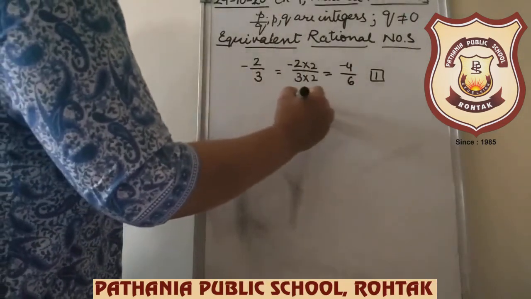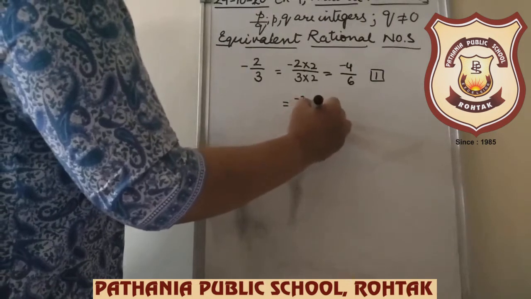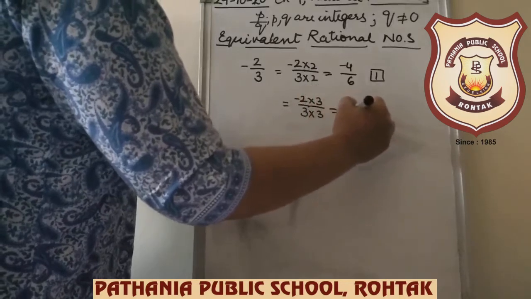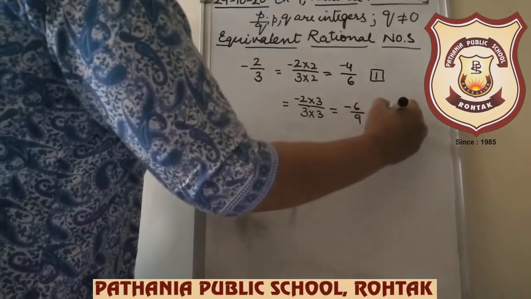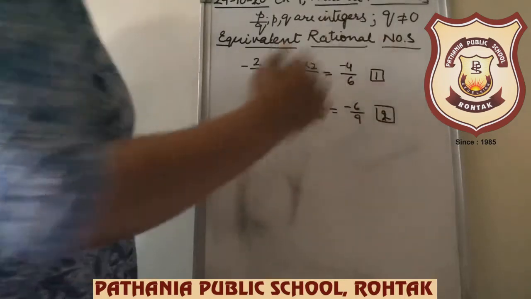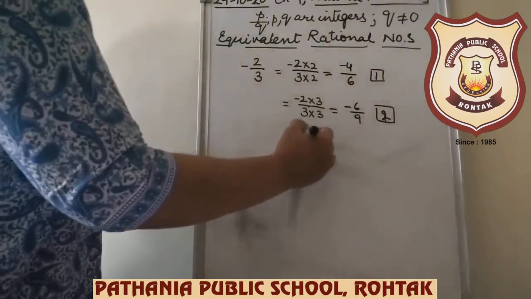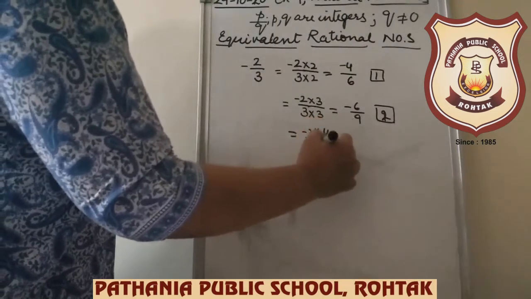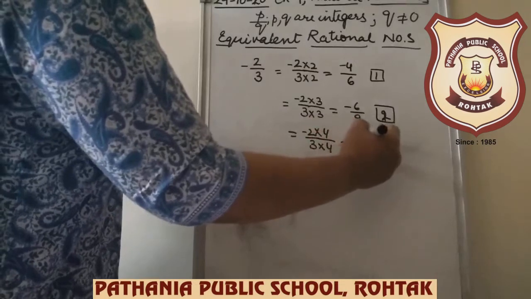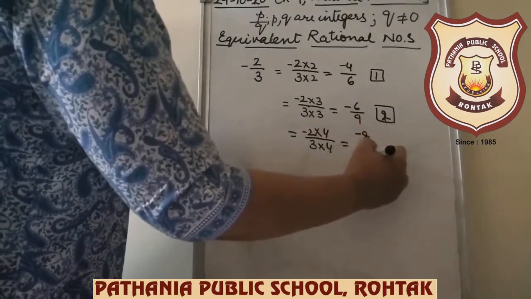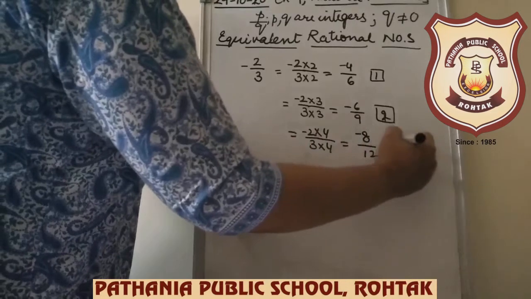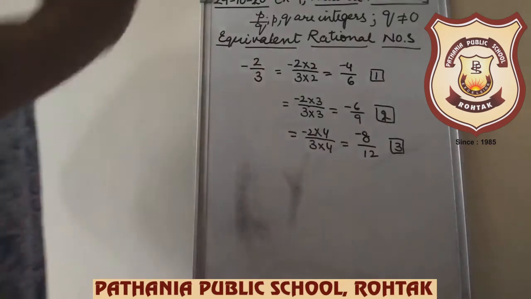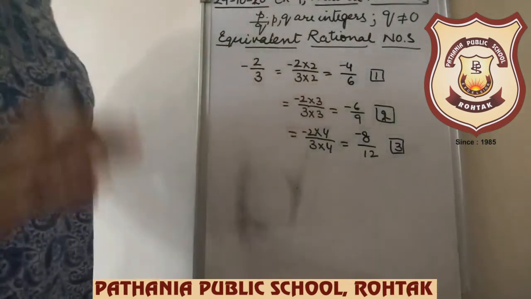Then this is 1 equivalent. Then minus 2 upon 3, I will multiply it with 3, both numerator and denominator, then it becomes minus 6 upon 9. This is your second equivalent rational number. Then minus 2 upon 3, numerator multiplied with 4, denominator multiplied with 4. So in this manner, you can write infinite, means endless, number of equivalent rational numbers.